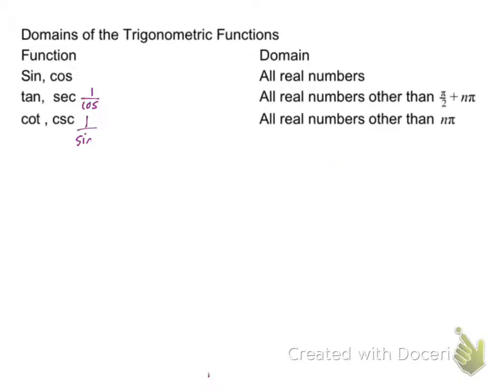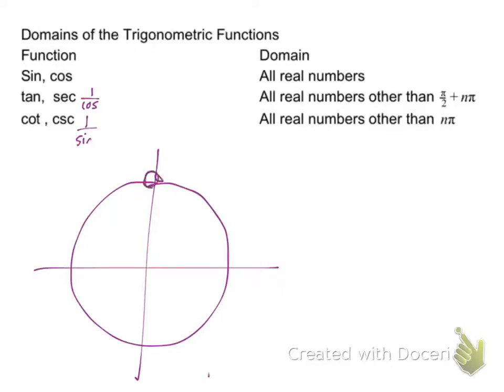I'm going to erase this stuff, and it's a little bit easier, I think, to show the cosecant and cotangent. Okay? So, if I go back and draw my circle, would you agree that at 0, sine is 0, yes? At pi, sine is 0 again. So when I am at 0 or pi, I'll have sine on the bottom become 0, can't do it.